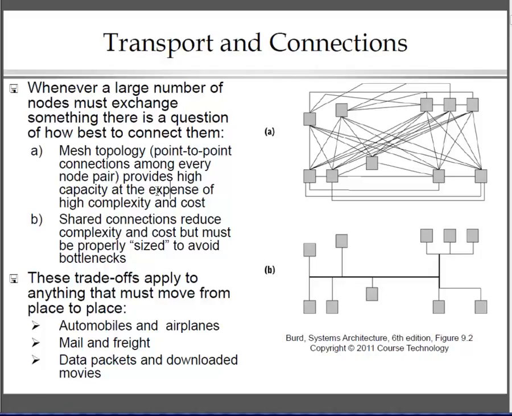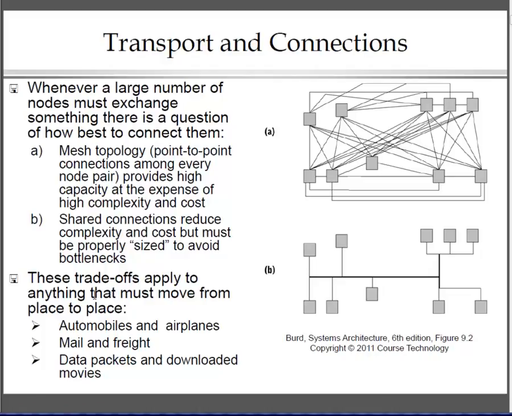There's probably a lot of traffic that goes from each desktop to, say, the email server or Google or some other internet resource. But there's not a lot of traffic between the nodes themselves. And because there's not a whole lot of traffic between them, it really doesn't make a whole lot of sense to create all those connections that would connect every pairwise set of those computers in those offices.